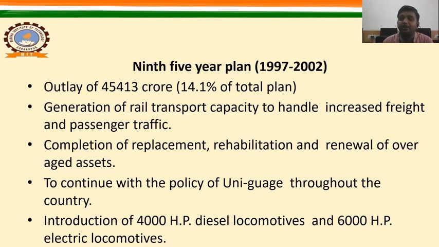It means the Railway Board was focused on a single gauge, that is the broad gauge. Also, introduction of 4,000 horsepower diesel locomotives and 6,000 horsepower electric locomotives. So these were the different phases of the Indian Railway, from 1951, the first five-year plan, to the ninth five-year plan, which ranges between 1997 to 2002.